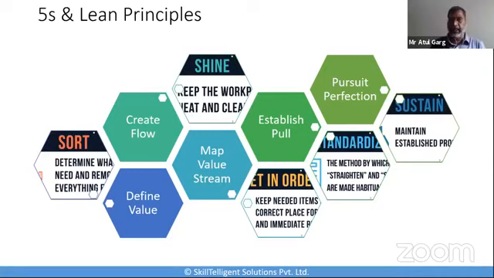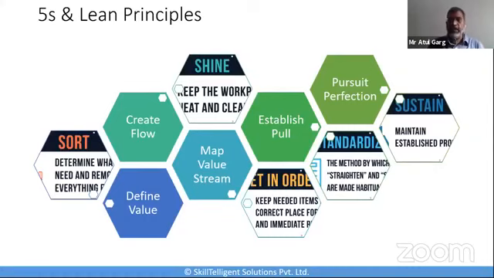The third thing is shine, and that's where we tie it down to creating the flow. That means we ensure that the systems are working so smoothly that the flow is enabled over here. The fourth one is standardize. That means if my process is standard, it should be creating a demand and it should be able to establish a pull.